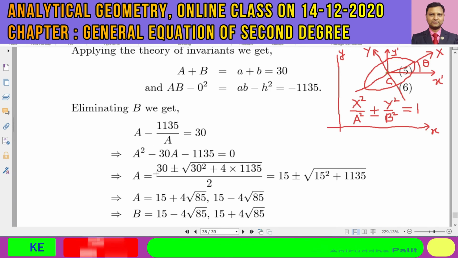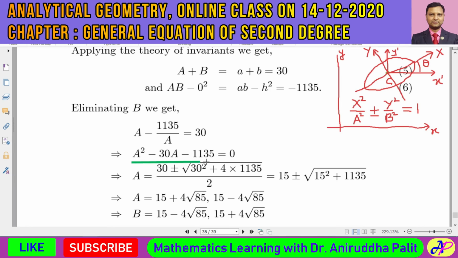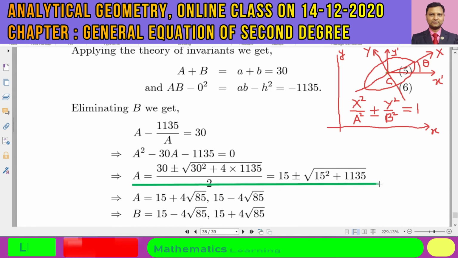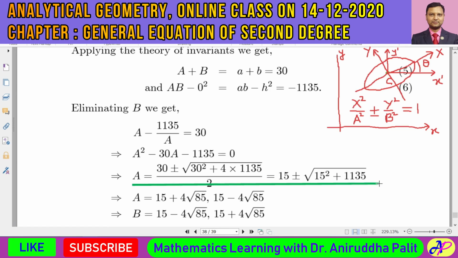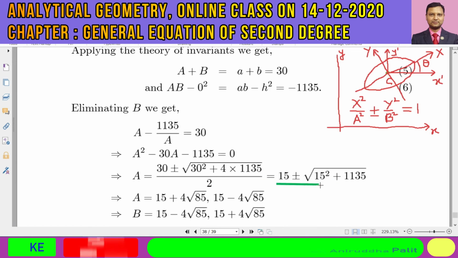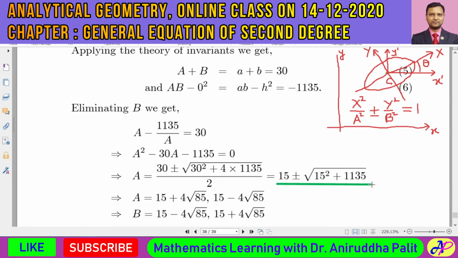Now after computation, we have this kind of second degree equation involving capital A, and we shall have two values of capital A. These are the values: 15 plus minus root over 15 square plus 1135.